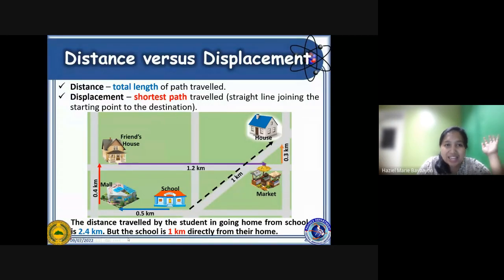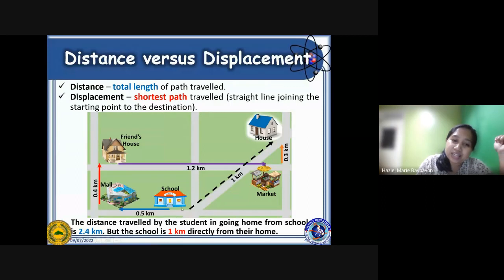But for the displacement, you just have to consider the initial position or the initial location of the student and the final location of the student. So the initial location is the school. The final location is the house. So the displacement made by the student is the shortest path traveled.